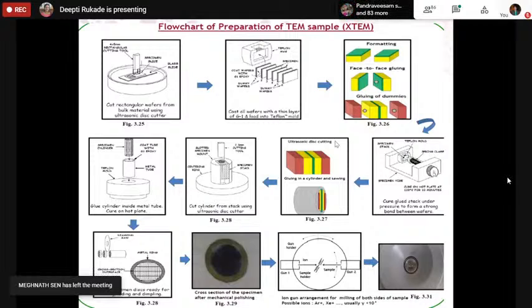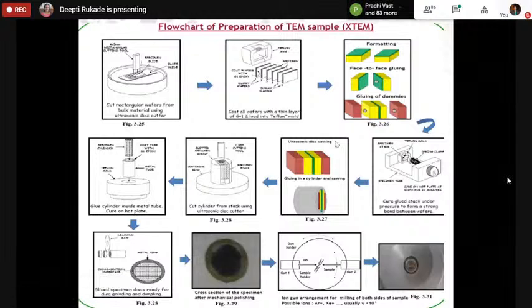So that is when your sample is ready for imaging. Why is that eye-shaped structure required? As the name suggests, it is transmission electron microscopy. That eye-shaped structure allows the electrons to transmit and give you an overall picture of the interface of the film.